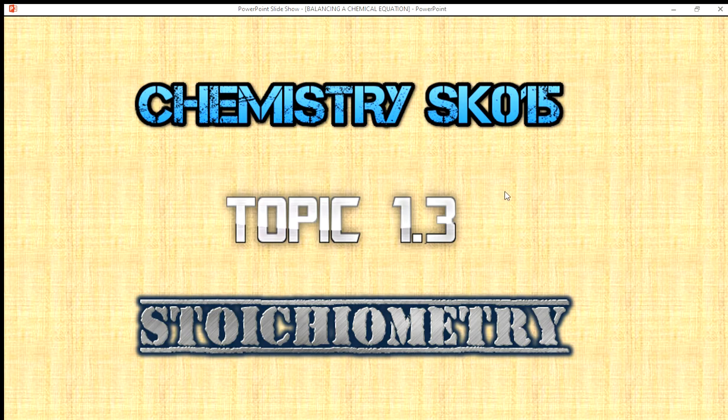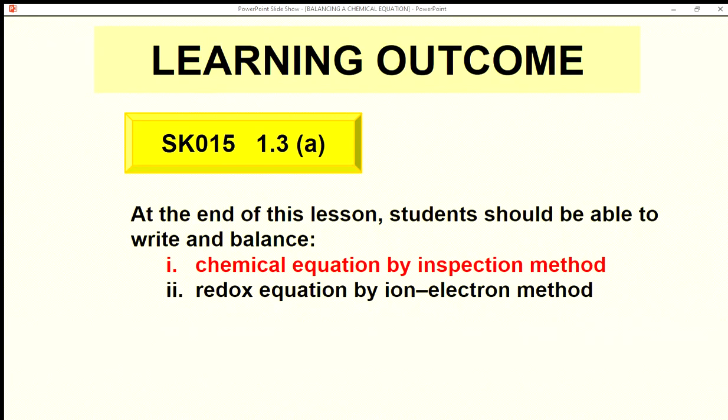So in today's lesson, we are going to discuss the third subtopic for this chapter 1, stoichiometry. In the first part of this 1.3, you are required to learn how to write and balance chemical equations by the inspection method.